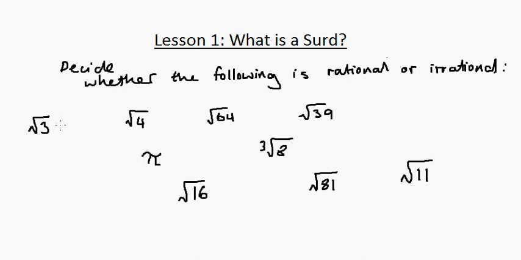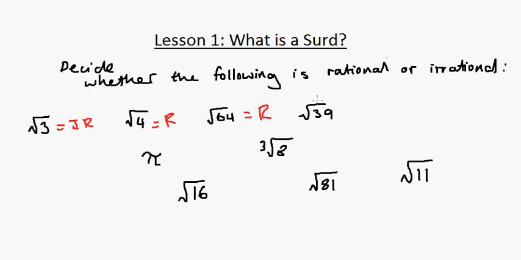So the first one is simply irrational. We went over this in the first example. The second one is rational, because the root of 4 is 2. The square root of 64 is 8, so it's rational.